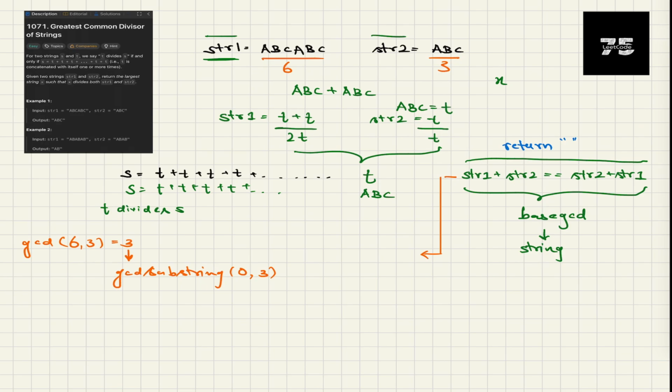What we have to do is find the GCD of the sizes of the strings. Let's call this the GCD length, which is the GCD of the size of string 1 and the size of string 2.